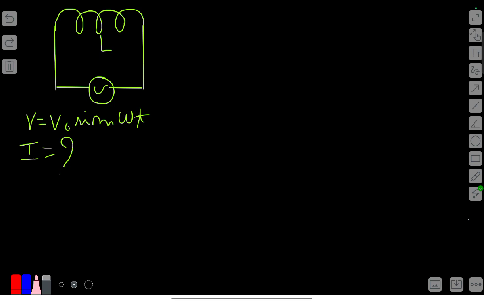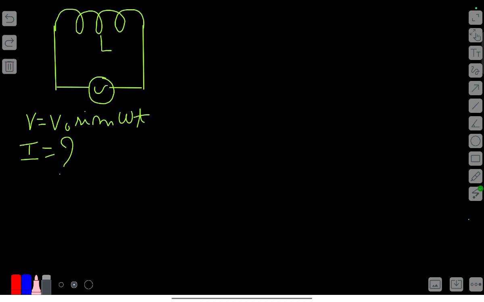Since there is this L over here, it is related to something getting induced. As the voltage continuously changes, we know that a current is going to get induced. We also know the value of the induced EMF from the earlier chapters.